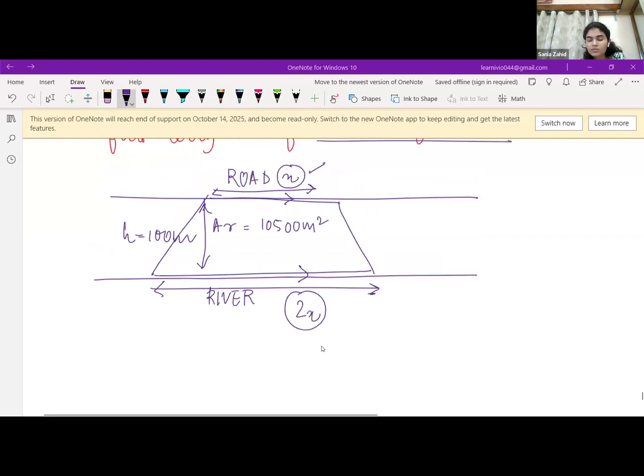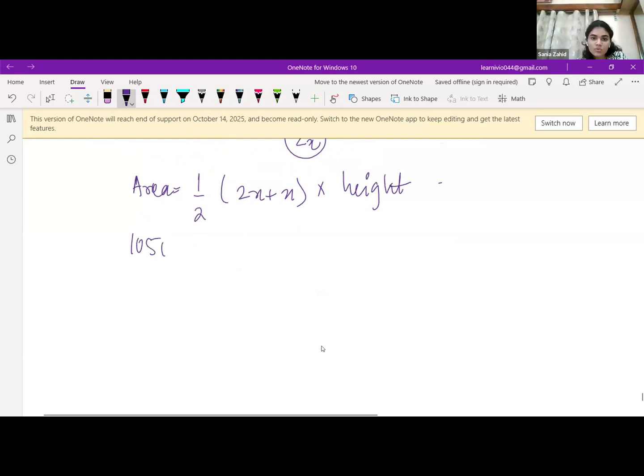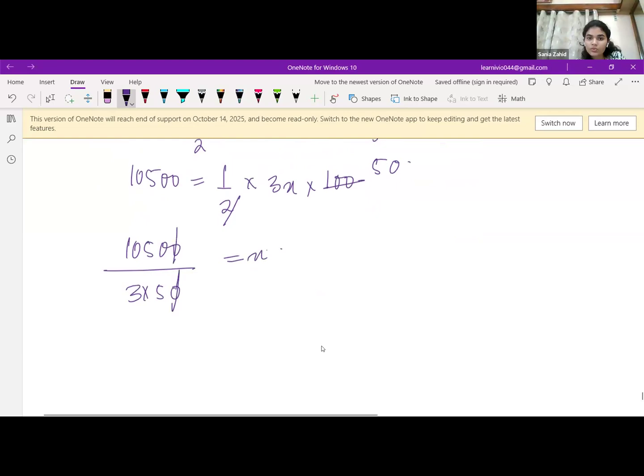Okay, see children. The area is half into sum of both the sides, 2x plus x, into height. 10500 is half into 3x into height, which is 100. 2 into 50. 10500 upon 3 into 50 is x. 0 cancels with the 0, right?